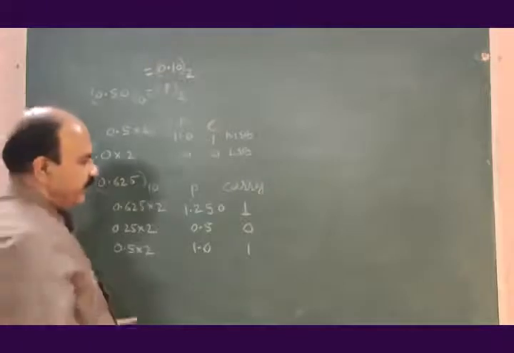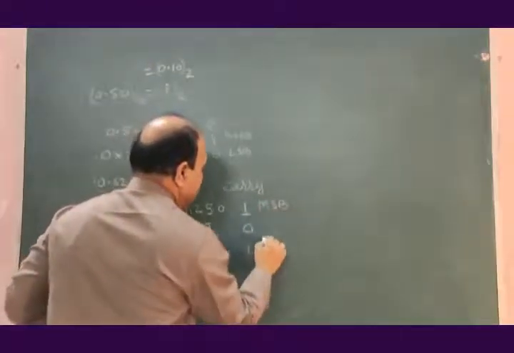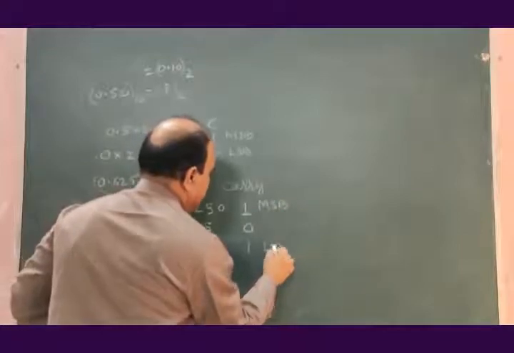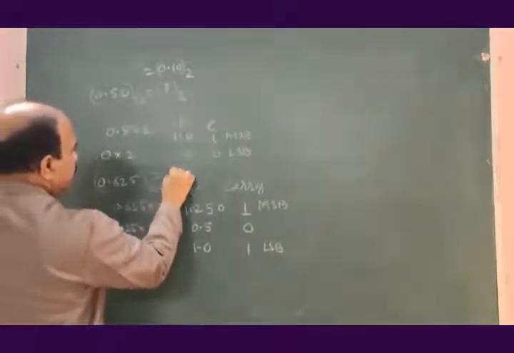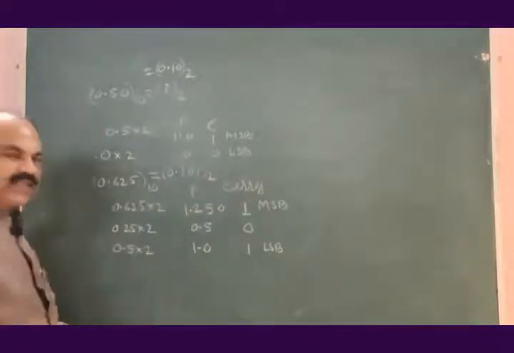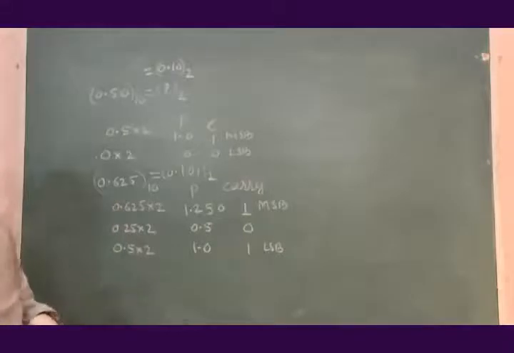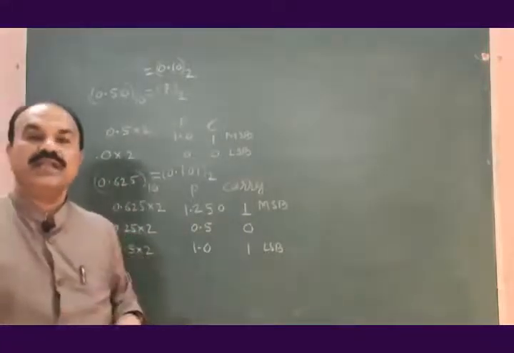Nothing doing. This is MSB. And in binary, this is 0.101. 0.625 in decimal is 0.101 in binary.